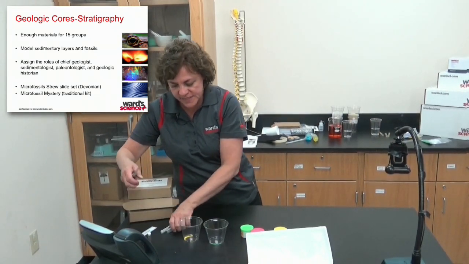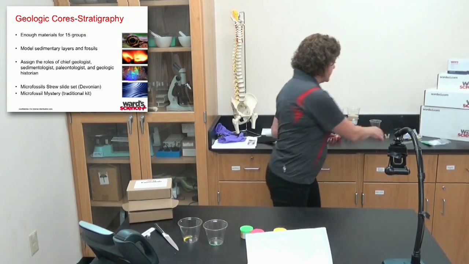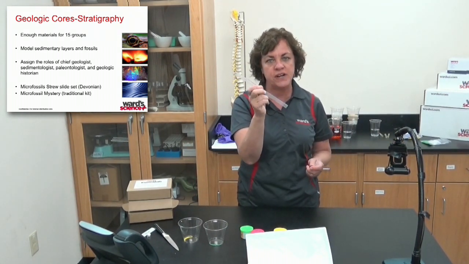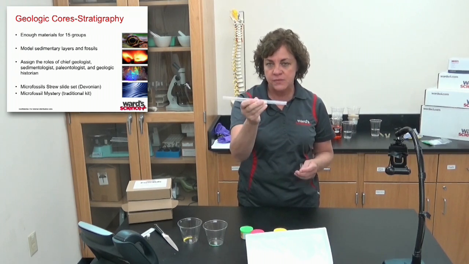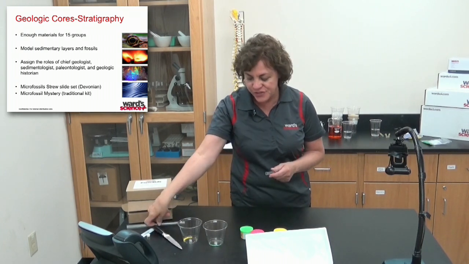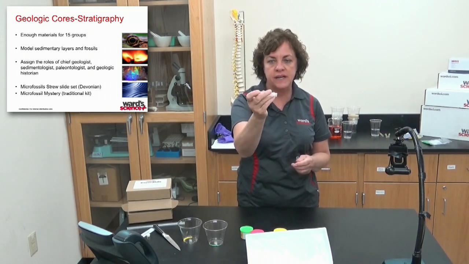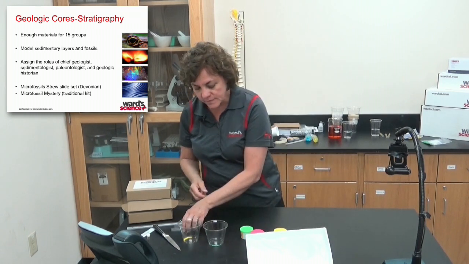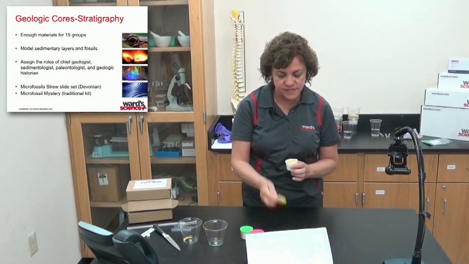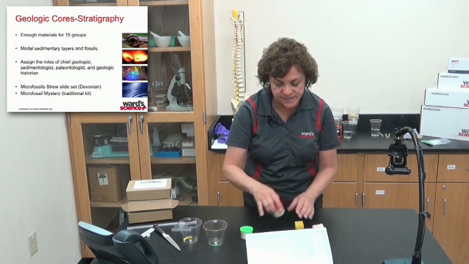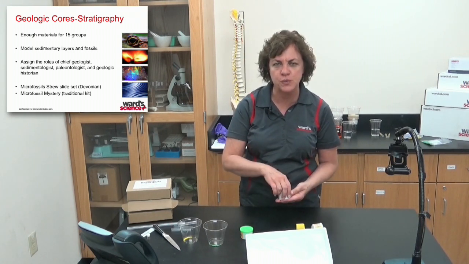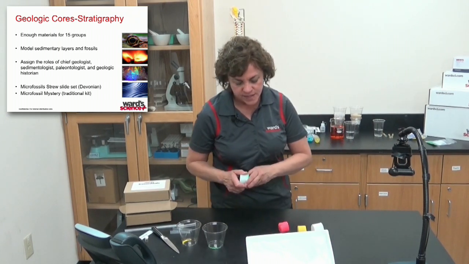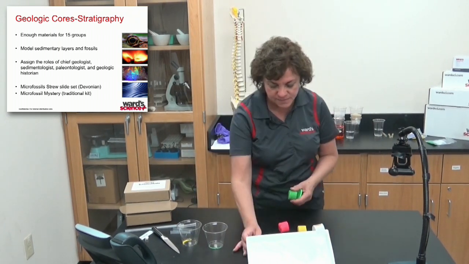So the first part of this kit comes with these big straws. The little straws would be very difficult to do this with, but we have big straws, and the straws will be cut into thirds to be about 3 inches long. And you're going to take different colors of Play-Doh, a special dough that comes in the kit. This is called Modeling Geo Core. And like I said, all of this is in the bottom.